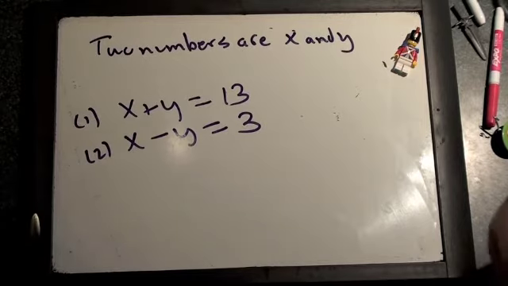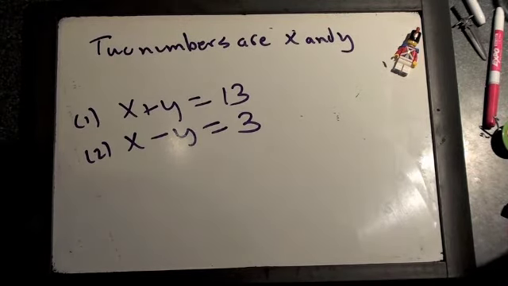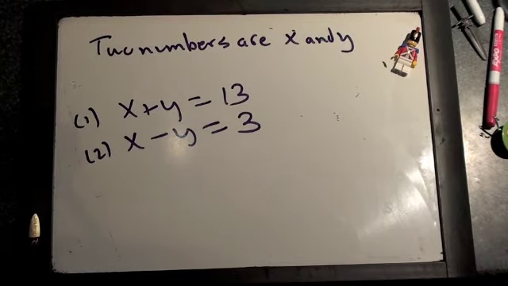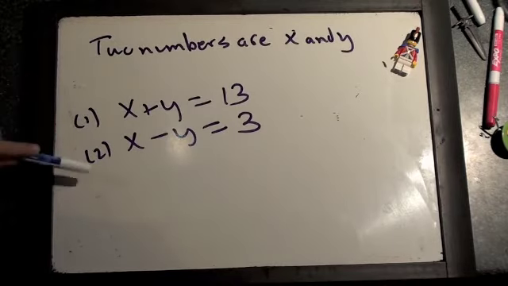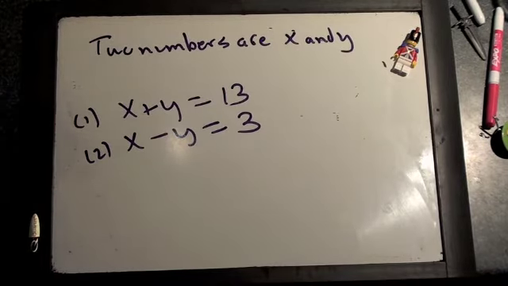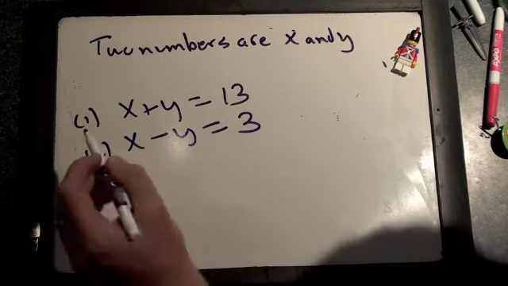How can we simplify these equations? Do you see a way we can get rid of the y's? You can subtract equation 1 minus equation 2. Let's see what happens when we do that.